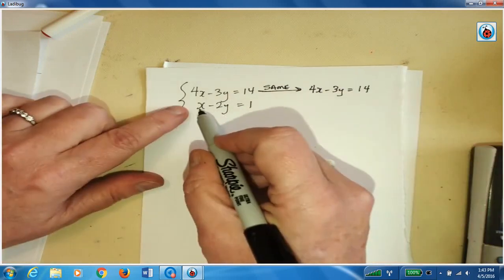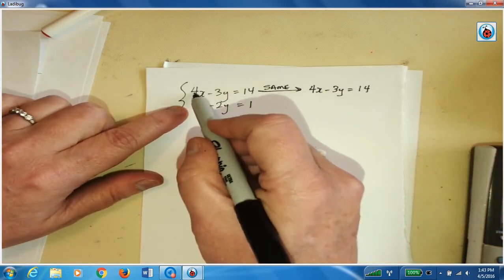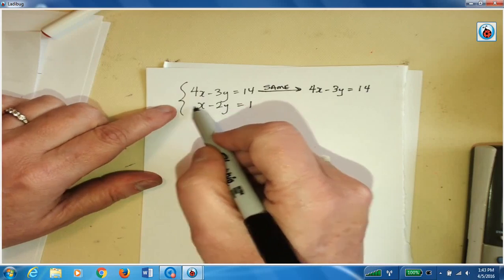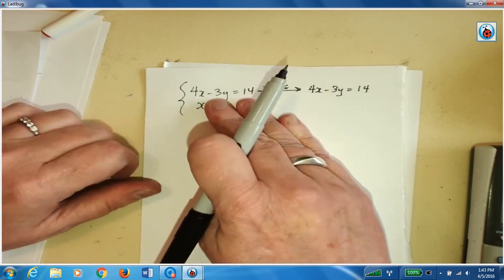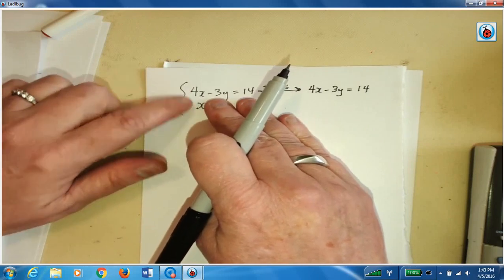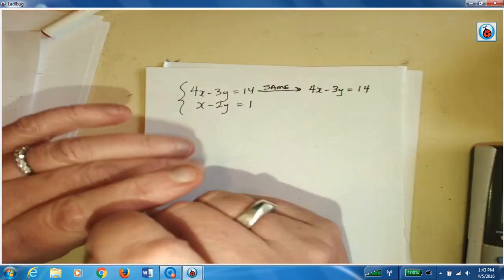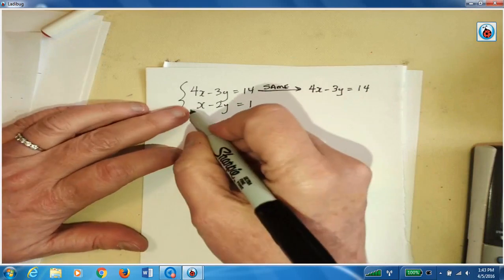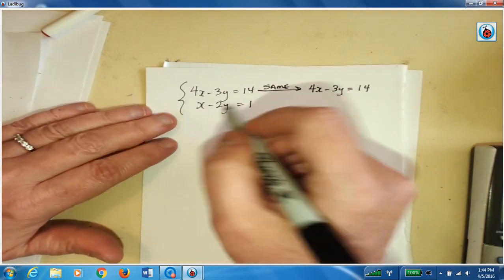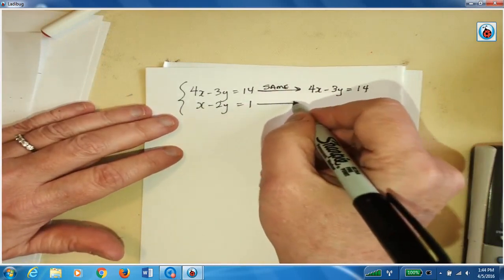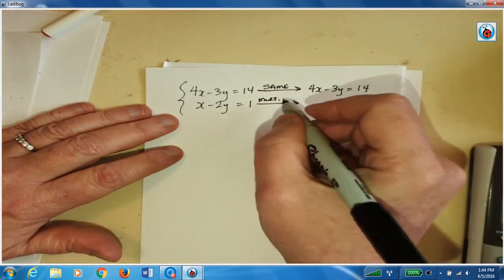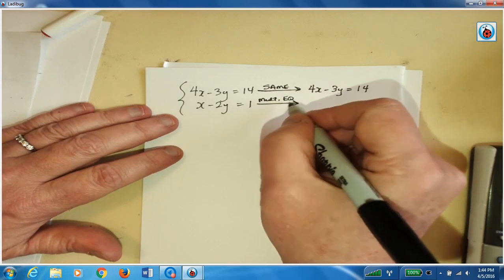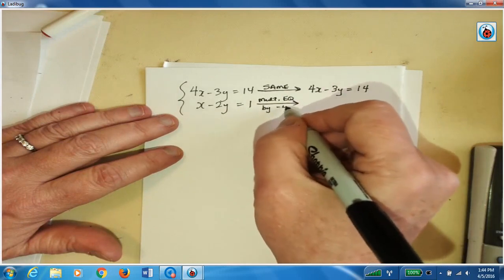But what I'm going to do here is if I multiply this entire equation by -4, then the first term would be -4x. And when I add these equations, the x terms will cancel. But I can't just multiply the x by -4. I have to multiply the entire equation by -4.